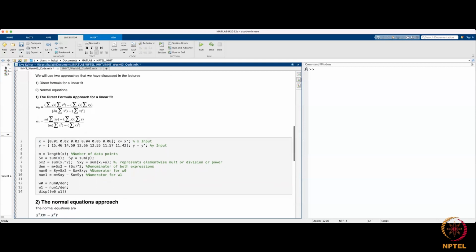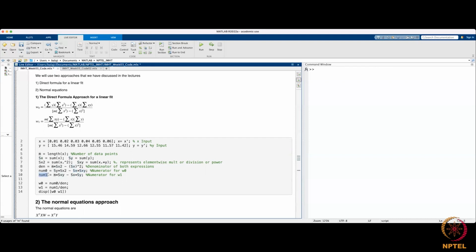This den is the denominator, which you can see at the bottom of both these expressions for W0 and W1. I have declared a denominator, which is m times sigma x square minus sigma x the whole square. So this is the denominator of both the expressions. The numerator of the W0 expression is sigma y multiplied by sigma x square minus sigma x multiplied by sigma xy.